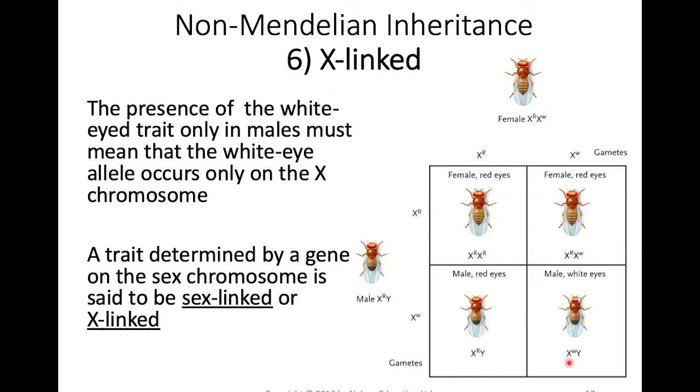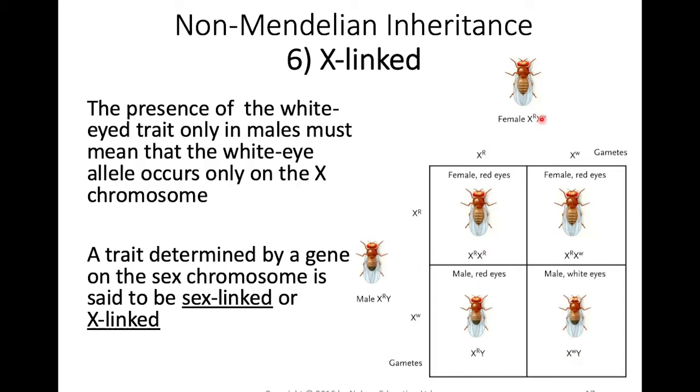Remember, males only possess one X chromosome, the other is a Y chromosome, and females possess two X chromosomes. For a female to have white eyes, they would need to have two X chromosomes each with the recessive white allele. So we're looking here at an example where you had a female and a male both with red eyes.